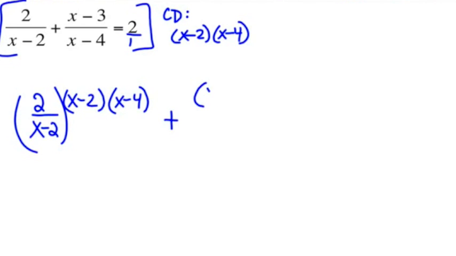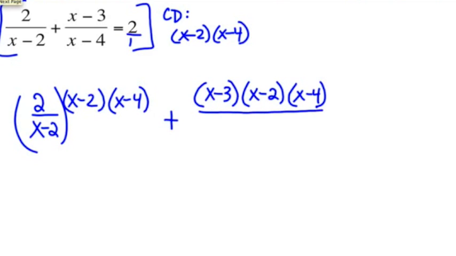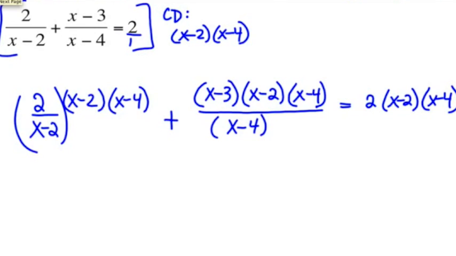Plus x minus 3 times x minus 2 times x minus 4 over x minus 4 equals 2 times x minus 2 times x minus 4. Okay, I've multiplied everything by the common denominator of x minus 2 times x minus 4.